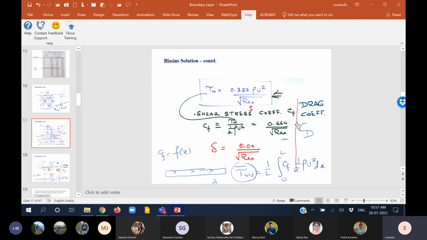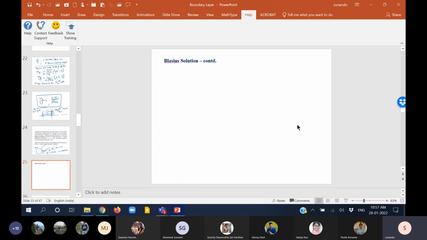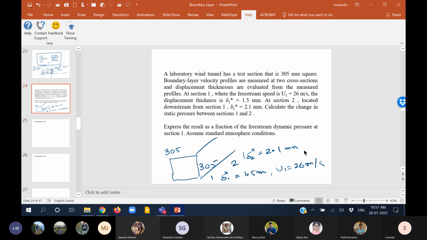Now let's come back to our problem over here. How do I convert this problem that is posed over here to a problem of inviscid flow?